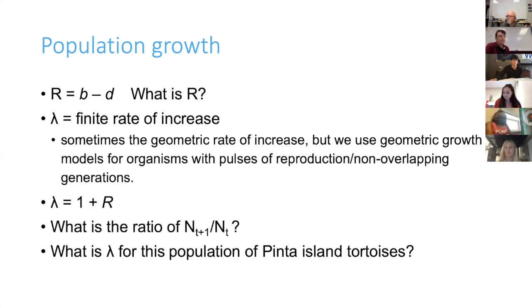1.2. Yeah. And does anyone calculate the ratio of 36 to 30? N sub t plus 1 to N sub t?